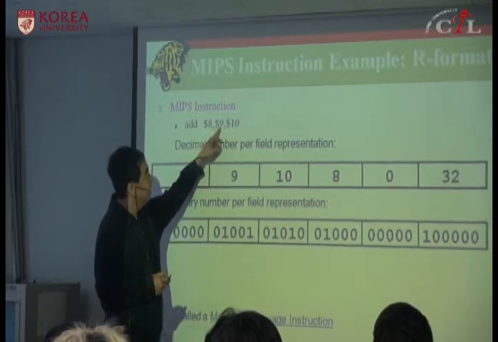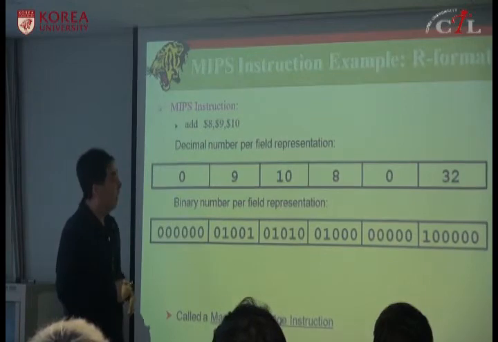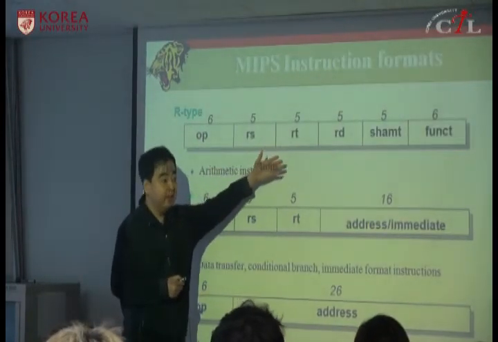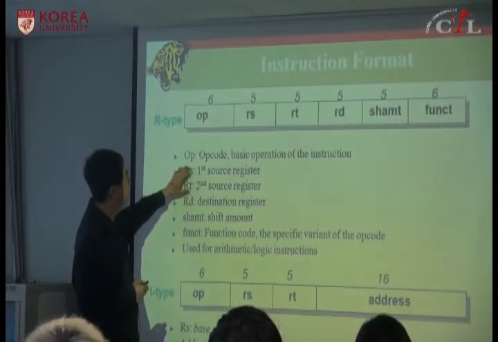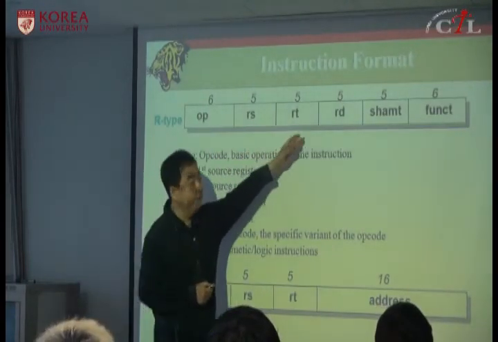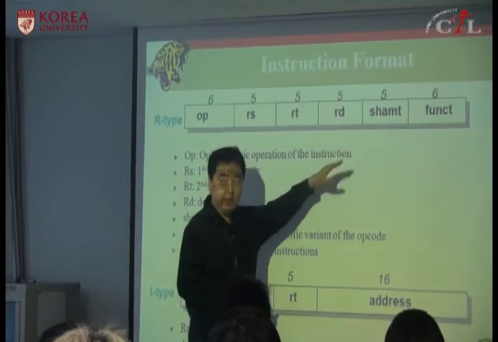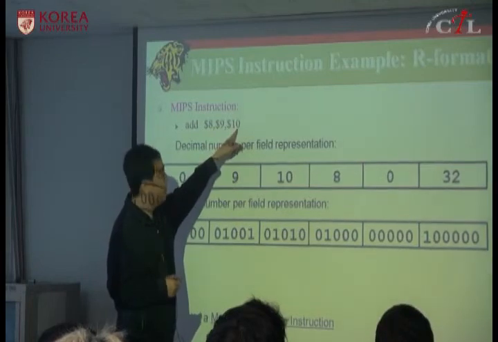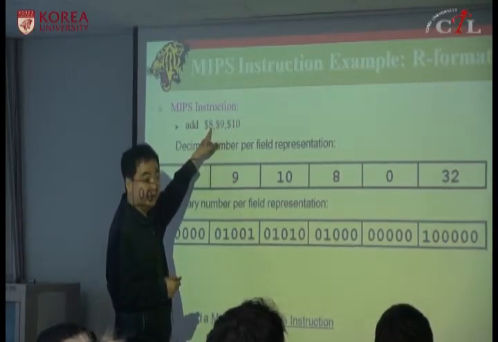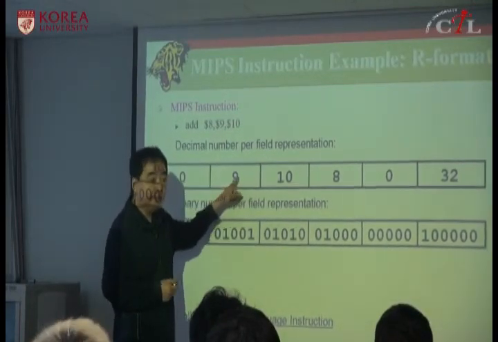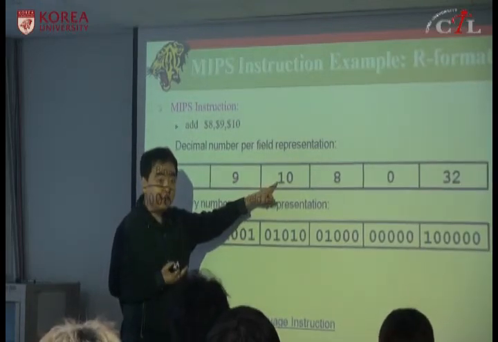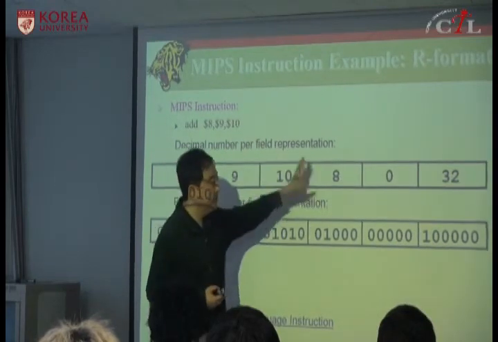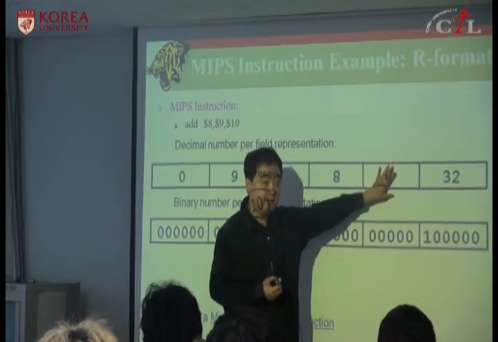Okay? And as I said, this should use the R-type instruction format: RS, RT, RD. RS, RT are sources, RD is the destination. So 9, 10 should be the sources, 8 should be the destination. So RS, RT contain 9, 10 in decimal, right? And 8. And there is no shift instruction, so we don't use the shift amount field.